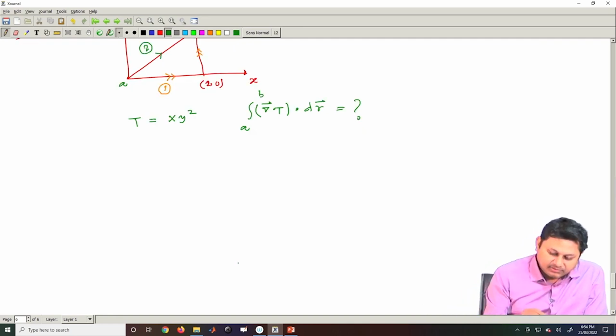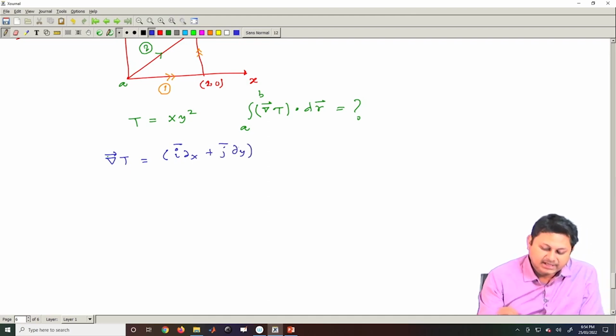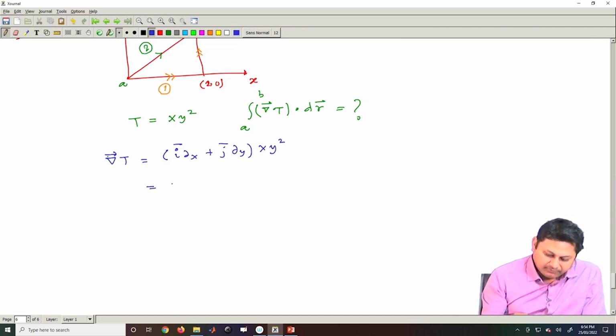So, this is how much I need to figure out. T is given, so I can find the gradient of T. First things first, this is i del x plus j del y. I do not need to include k here because it is 2 dimensional, z is not there, and it is operating over this. So, I can have i y square plus 2 x y j.